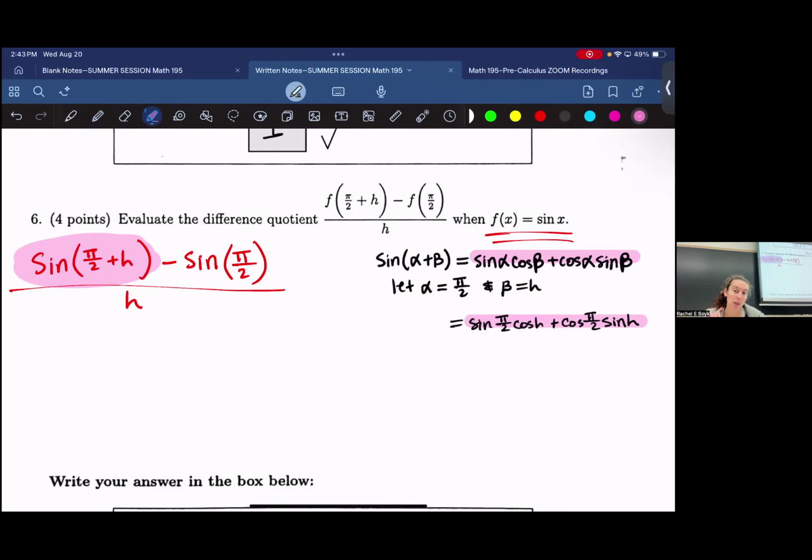Sine of pi over 2 is 1. Cosine of pi over 2 is 0, which will shoot this whole thing to 0.